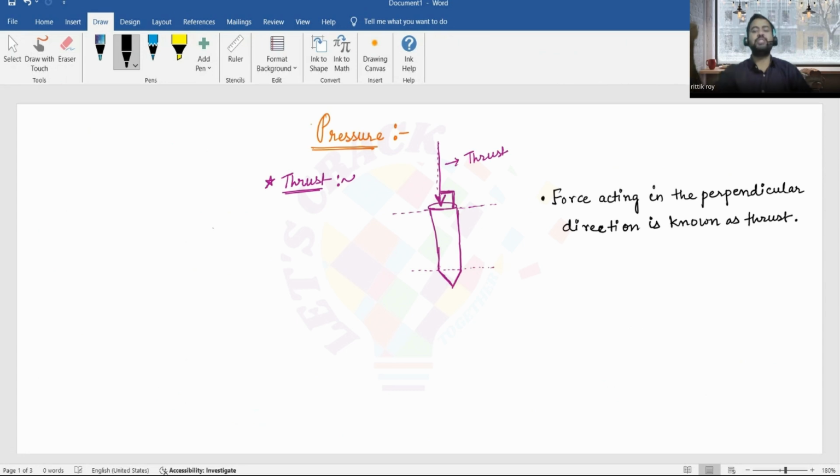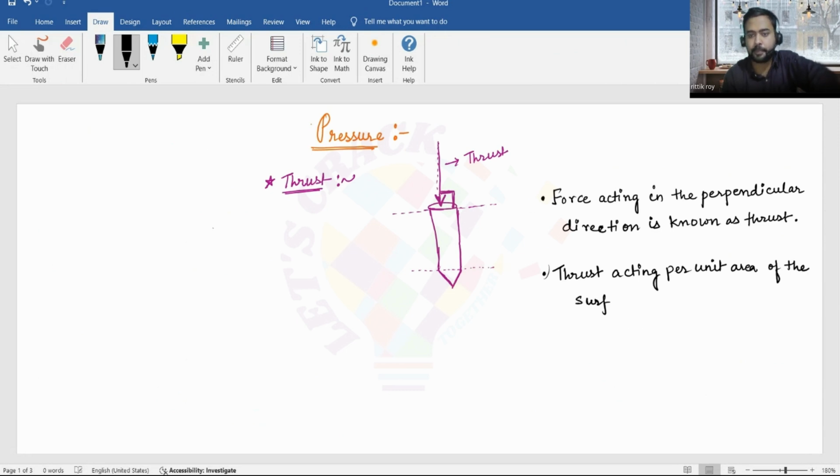So force which is acting in the perpendicular direction is known as thrust. Got it? Okay. And if I want to define pressure, then how can I define it? Thrust acting per unit area of the surface is called pressure.